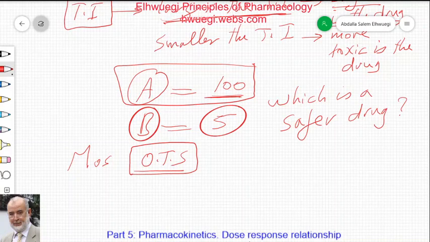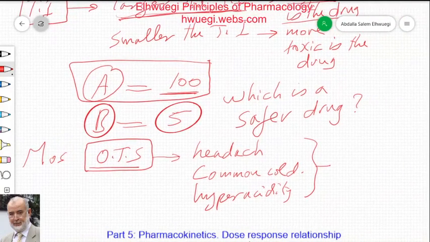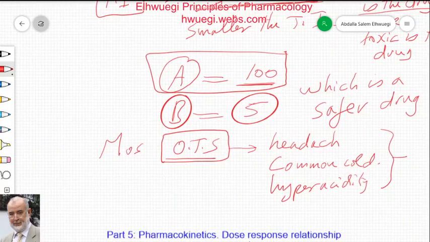In this case, it is commonly used, like tablets or capsules used for treatment of common diseases like headache, like common cold, like hyperacidity, etc. Many commonly used drugs do not need prescription. They are known as OTCs, over-the-counter drugs.